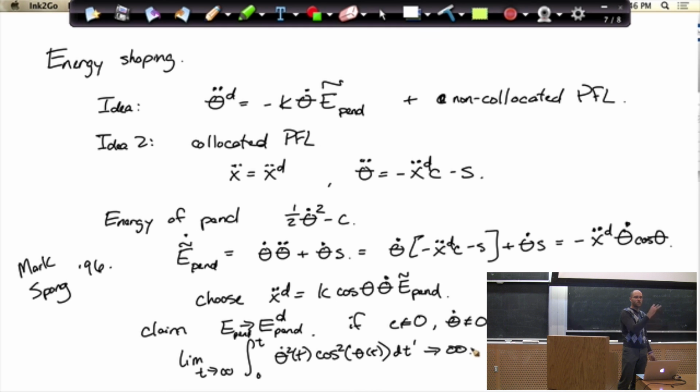And if you look at the proof, it's going to feel just like this. It's going to feel like I chose a controller of the form so that when I write down the error dynamics between the desired trajectory and the actual trajectory, I get something that is obviously negative times my error, and it goes to 0. It would take a lot more notation to show you that, but the idea is really exactly the same.